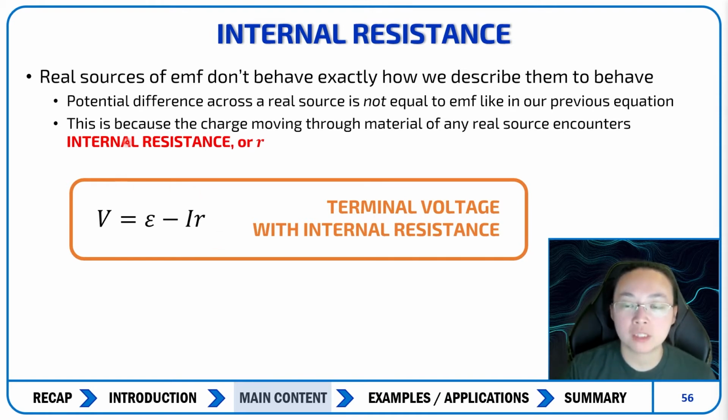So the potential difference is going to be the amount supplied by your source of EMF subtracted by the voltage produced by the current and some sort of internal resistance. So we call this terminal voltage with internal resistance. And afterwards, we're just going to go through a couple of examples so that you're familiar with how to apply these equations.